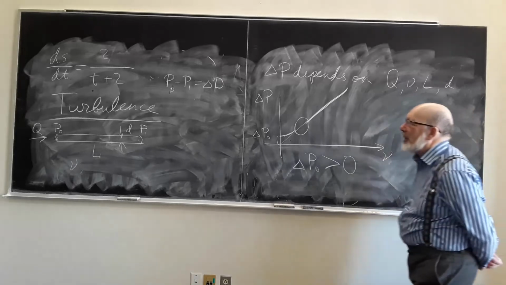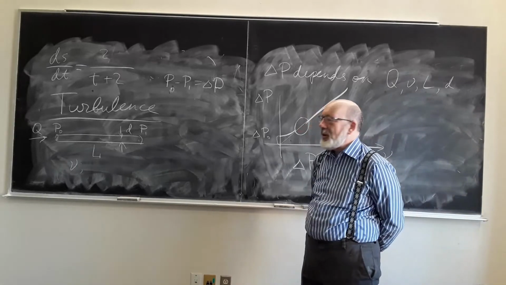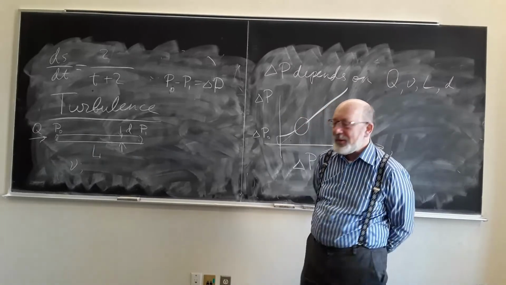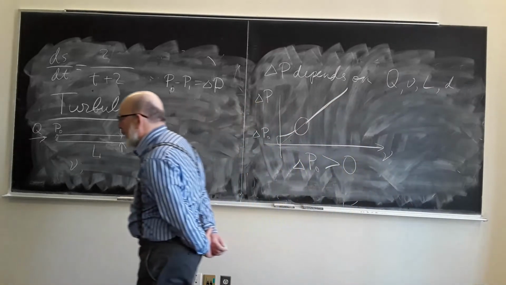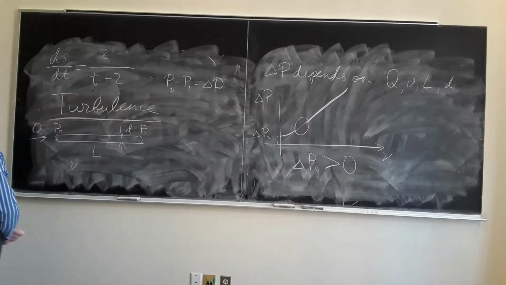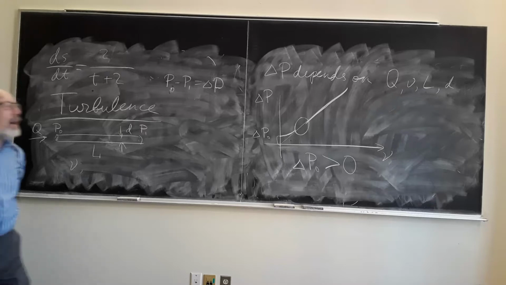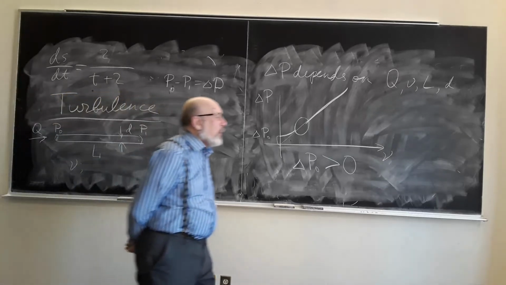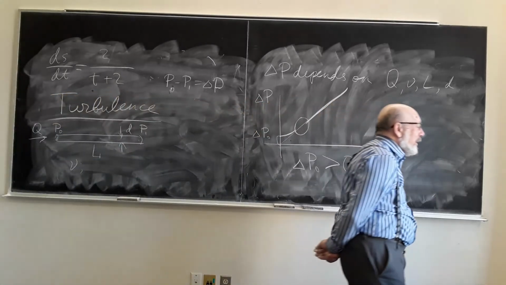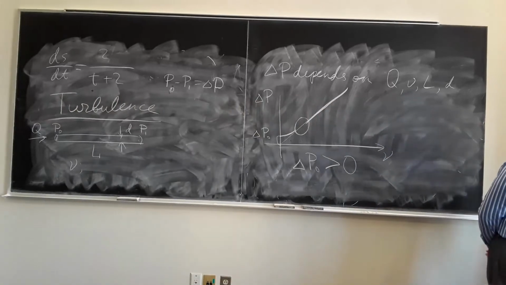Of course, this is called the dissipative anomaly by physicists. Physicists love to give good names, and sometimes they think that it is an explanation, but it explains nothing, just the term. So what happens here? One approach is that the fluid flow becomes turbulent.